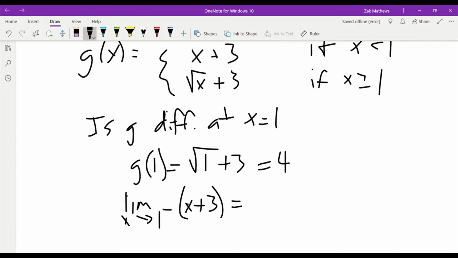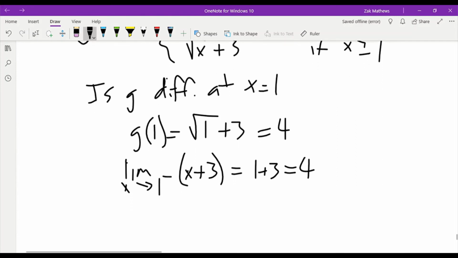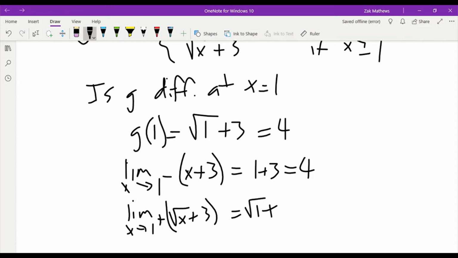And so we'd have 1 plus 3, which is equal to 4. And then we still have to do the limit from the right to show that they're the same. The limit as x approaches 1 from the right, we'd have to be using the square root of x plus 3. So we'd have the square root of 1 plus 3, which is still equal to 4.